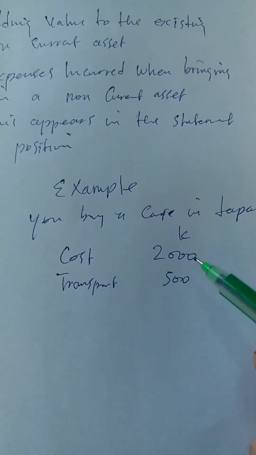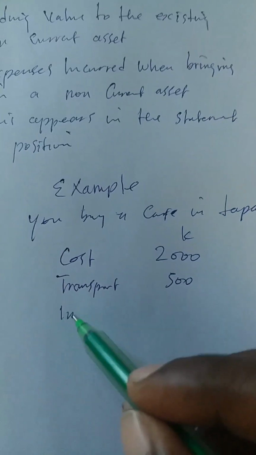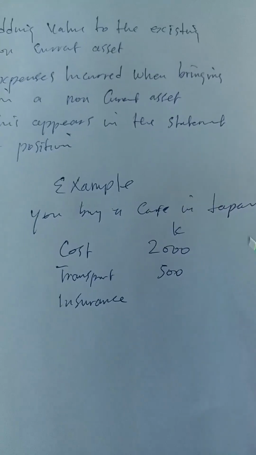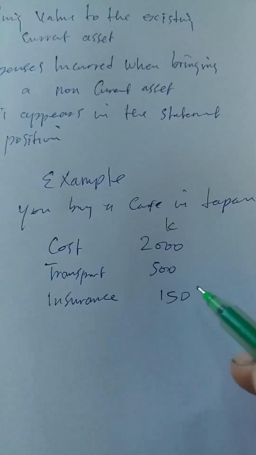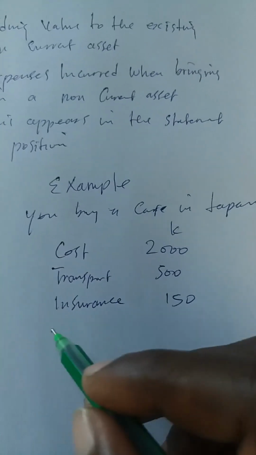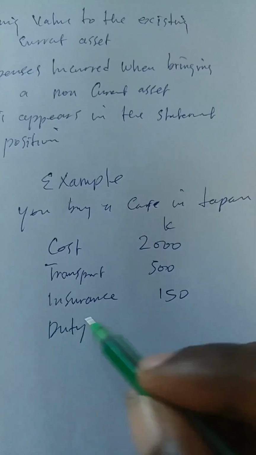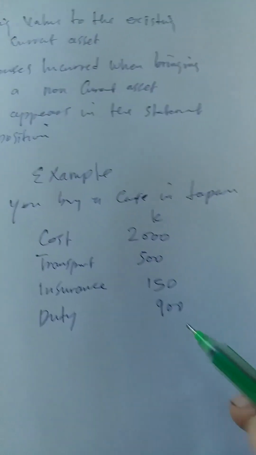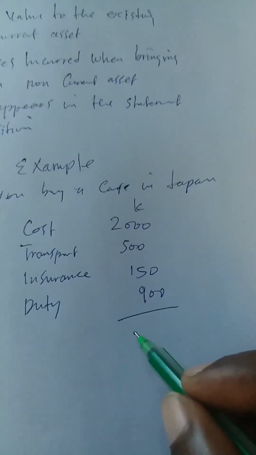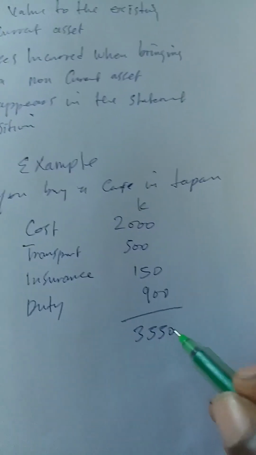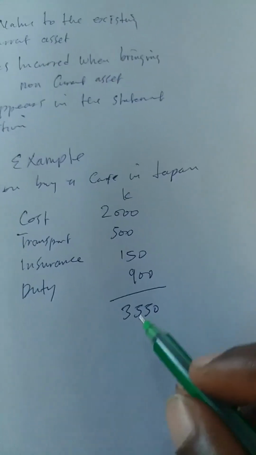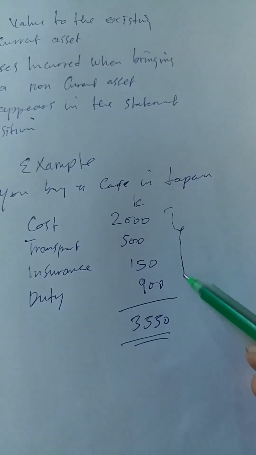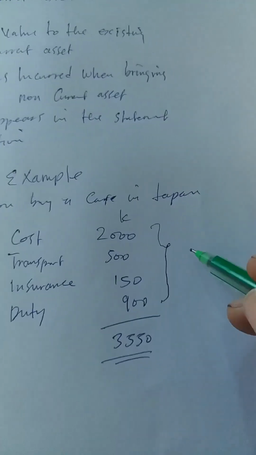Then you're going to incur insurance. Upon acquiring this car, you need to insure it, which will be maybe 150 kwacha, and then you also pay the levy, which is duty, 900 kwacha. So your total of expenses comes to 3,550 kwacha. All these we are saying are capital expenditure.